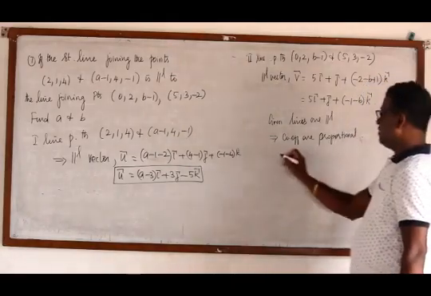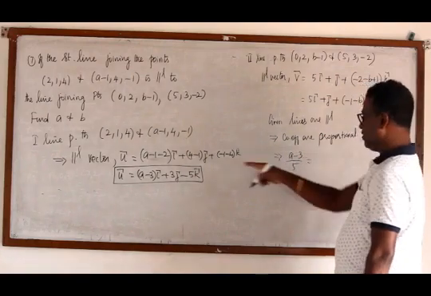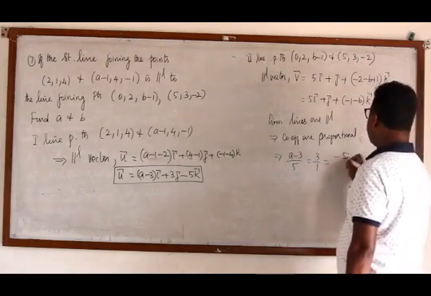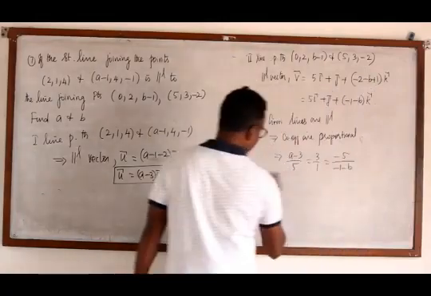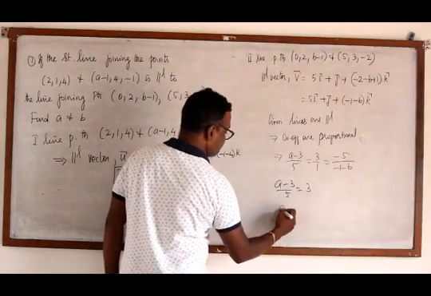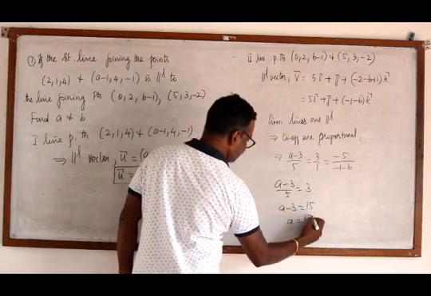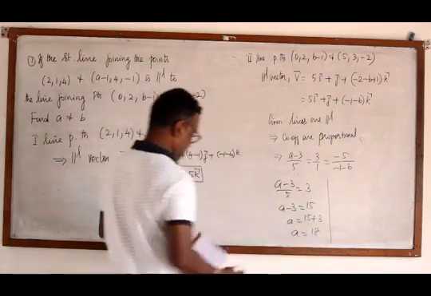That means (a minus 3) by 5 equal to 3 by 1 equal to minus 5 by (minus 1 minus b). Suppose I take (a minus 3) by 5 equal to 3, a minus 3 equal to 15, a equal to 15 plus 3, a equal to 18.